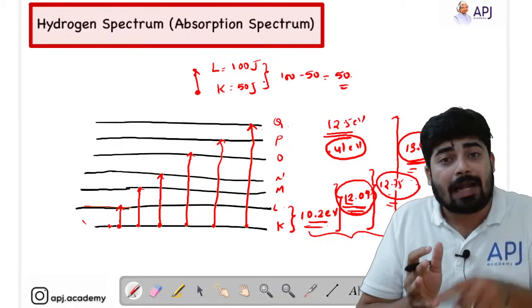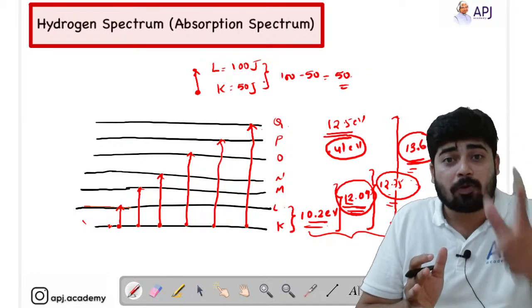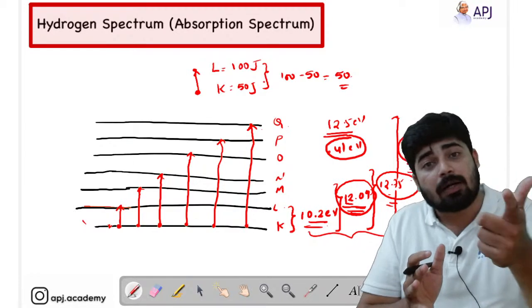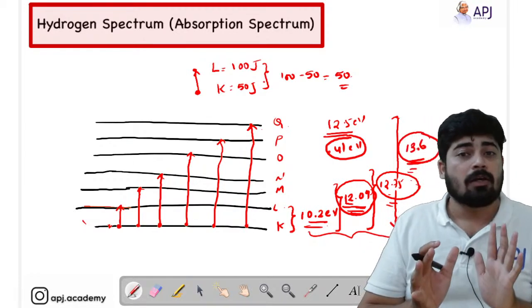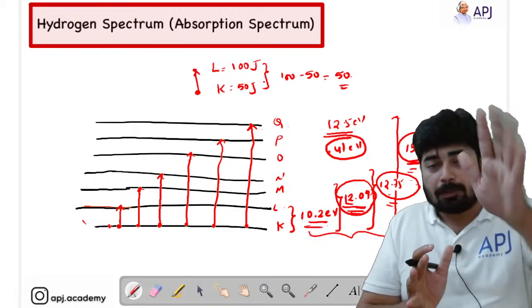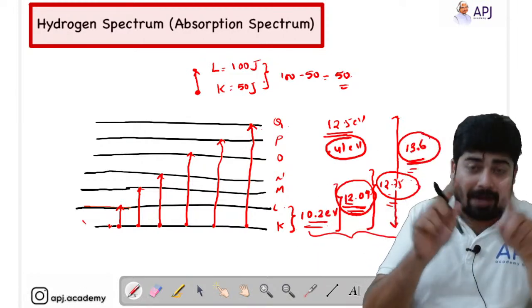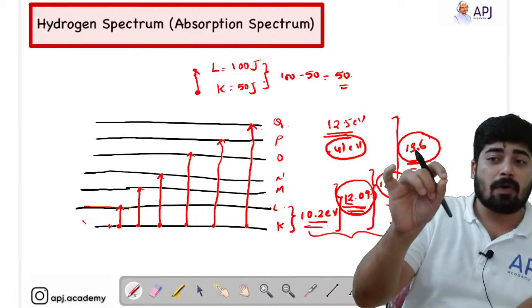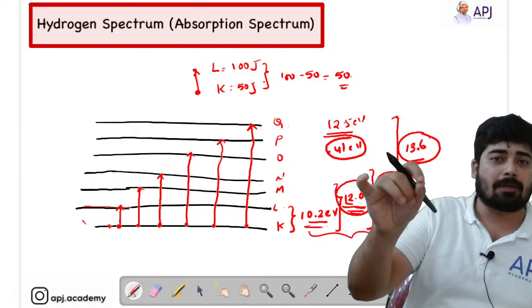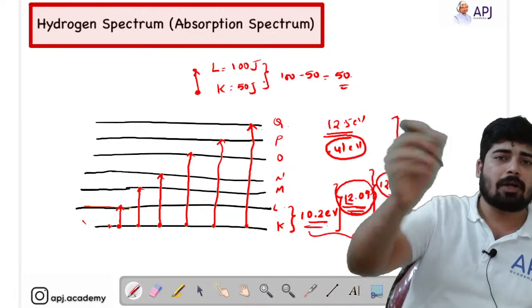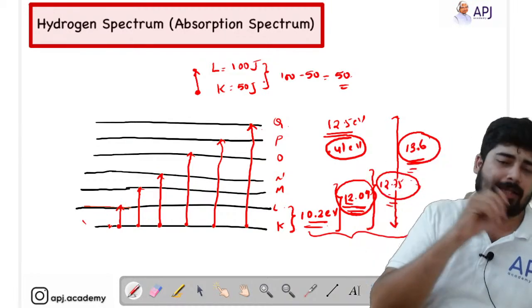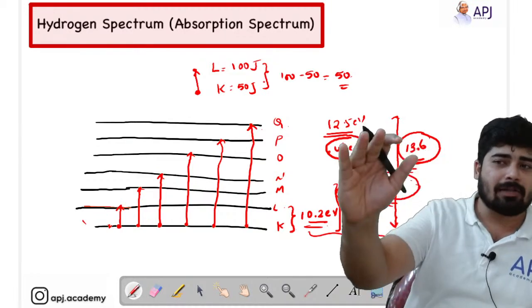The electron should lie in those orbits where the angular momentum is an integral multiple of h by 2 pi, right? h by 2 pi. Now we know that there are 7 periods, or 7 shells, corresponding to this concept, that is the angular momentum, according to what Bohr said. Okay, so there are only 7 shells.